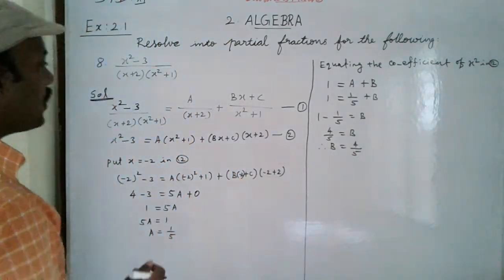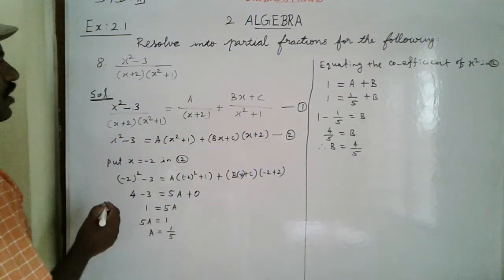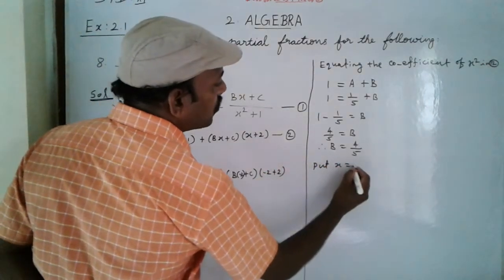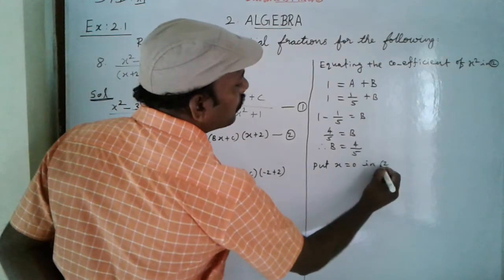Next we should find out the C value. Put x equal to 0 in the second equation.